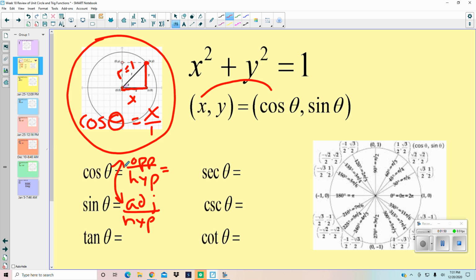Sorry, that's supposed to be adjacent. The other's supposed to be opposite. Then you get x over 1 and y over 1. Then tangent is opposite over adjacent, so that's going to be y over x. And then secant, cosecant, and cotangent are the reciprocals.